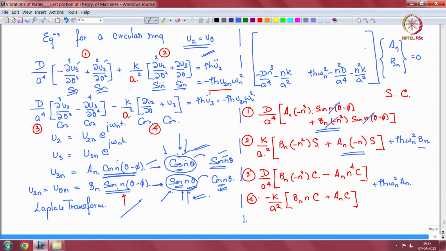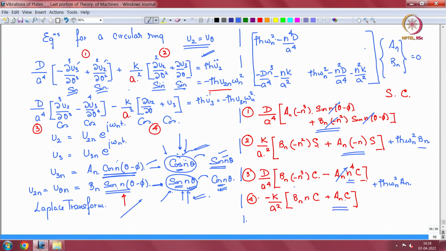Then the first equation, the bending equation, I get for A minus n4 d by a4. First of all I get rho h omega n square, then I get minus n4 d by a4. Okay, so I am done with this term.